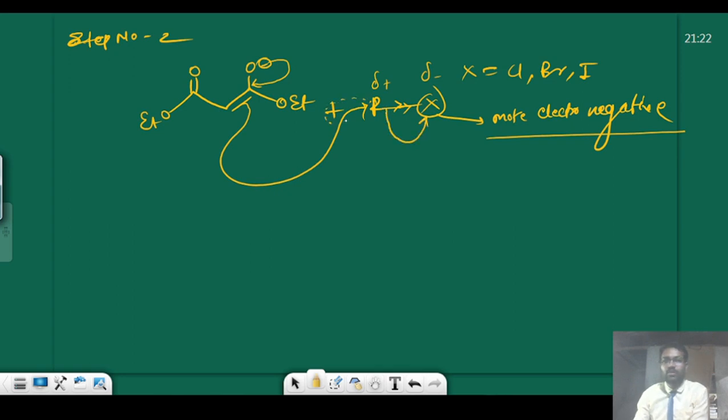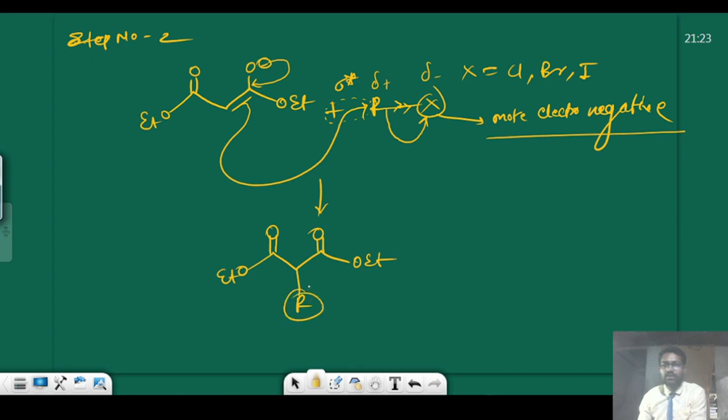So this attack takes place on the sigma star orbital, and there is a formation of this diethyl malonate system, with OEt. R has come over here. This is the new carbon-carbon bond formation, so we did a carbon-carbon bond formation reaction.